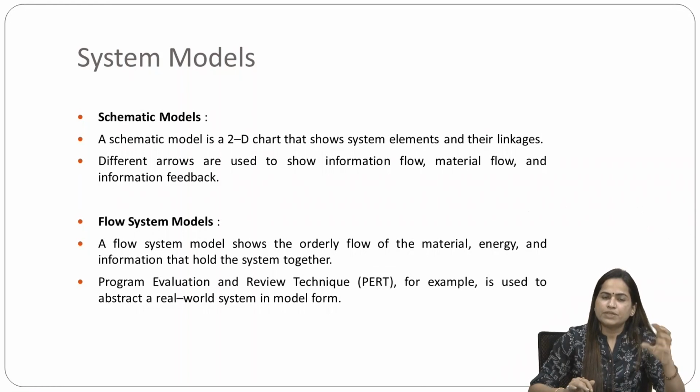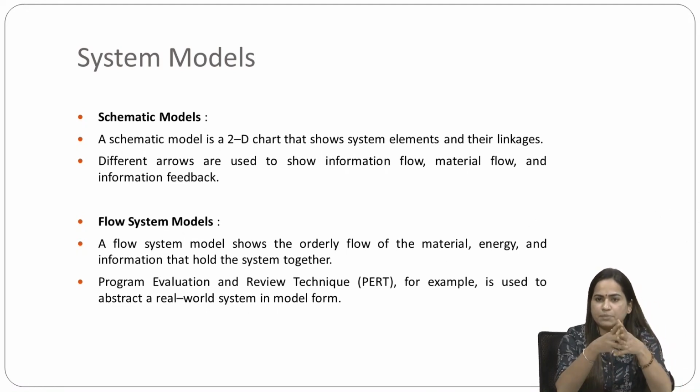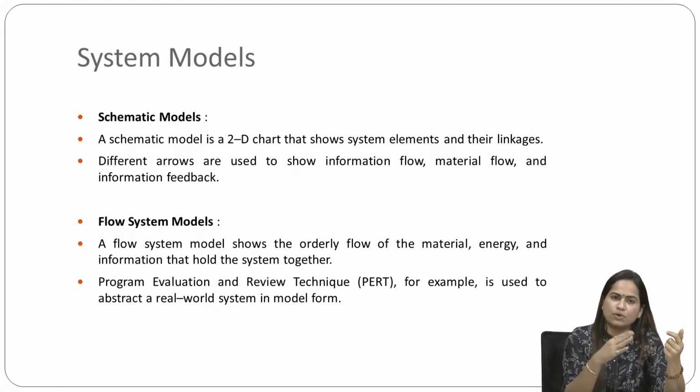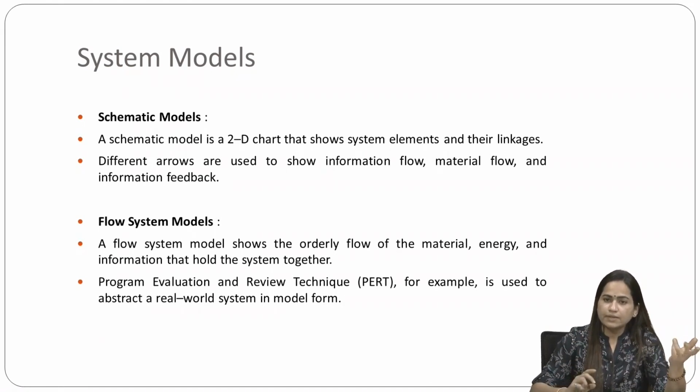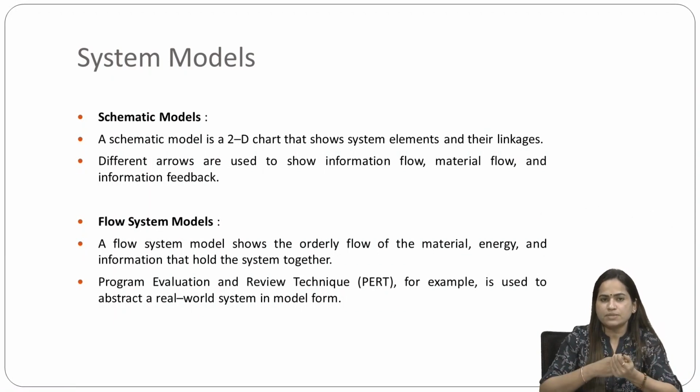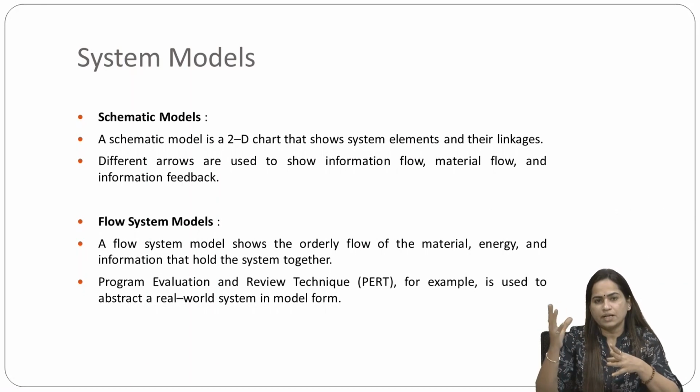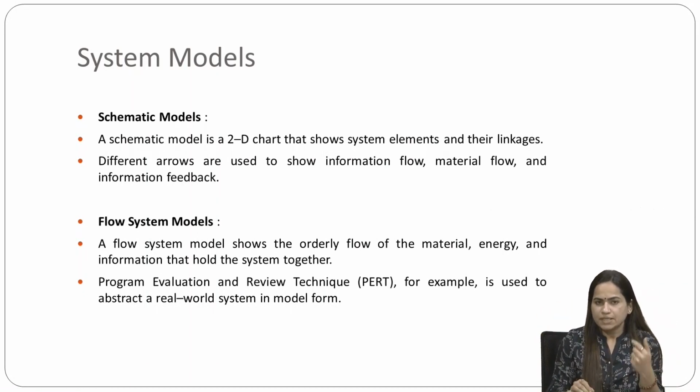Schematic model, which will give us the 2D view of the system elements as well as the links between them. Different arrows will be used to show the flow of information. Then after we are having flow system models, which will show the flow of material, energy and information in that system. PERT is the technique we are using in flow system model.